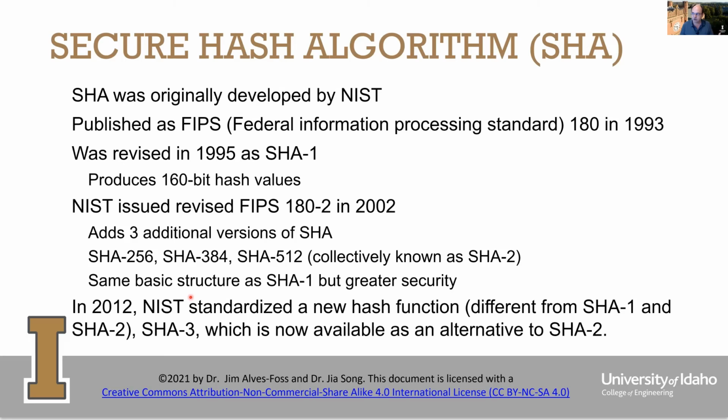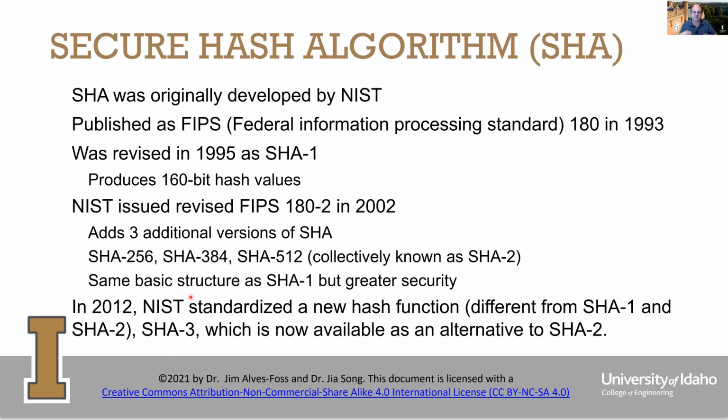SHA, or Secure Hash Algorithm, was developed by the National Institute of Standards and Technology and published as a Federal Information Processing Standard, FIPS 180, in 1993. It was revised in 1995 as SHA-1 to produce a 160-bit hash. Version 2 in 2002 added 3 additional versions of SHA: SHA-256, SHA-384, and SHA-512.